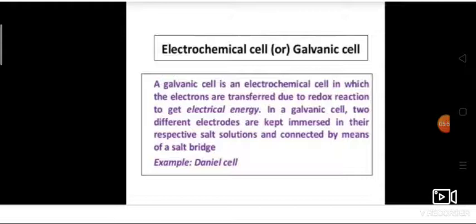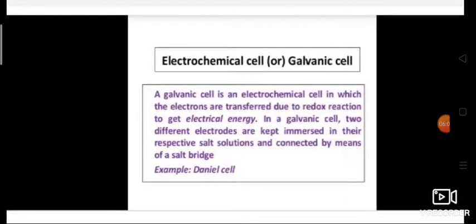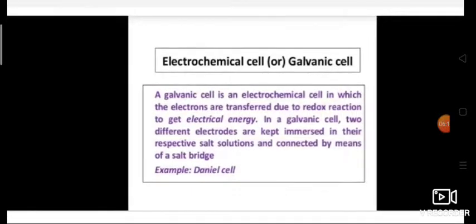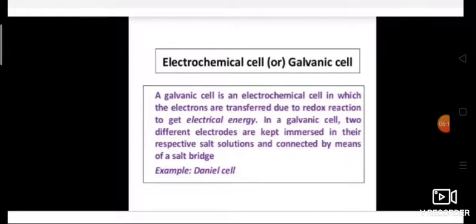For example, Zn is converted into Zn2+ by losing 2 electrons. This is oxidation because of the loss of electrons. Zinc converting into Zn2+ happens at the anode.